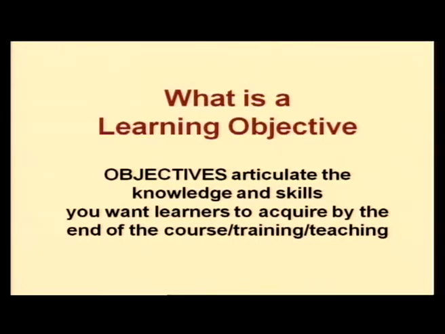Course means it can be a graduate, a certificate, a postgraduate and so on. A training, when we go for capacity building programs, or let us say a teaching. So, objectives articulate the knowledge and the skills, two important things which we as educators want the learners to acquire by the end of the course or the training or instruction and so on.